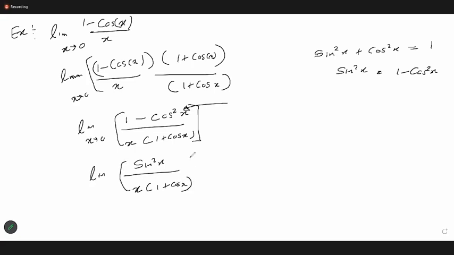Right. Now we are here. Now what can we do? So we can set the term sin x over x here because we know the limit of that. Now I'm going to separate the limit, as well as make the term sin x over x.